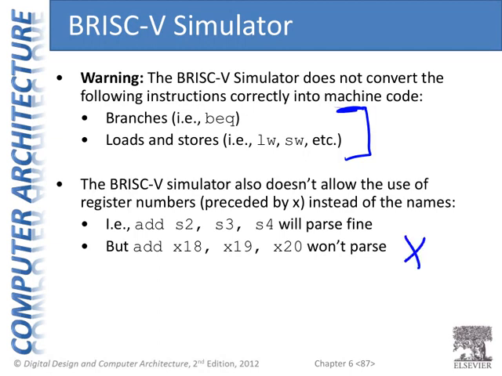So X18, X19, X20, it doesn't allow you to do that, but you can just put in the register names. So clearly this is a glitch in the simulator, and this is just some idiosyncrasy of the simulator itself. Many compilers would allow you to use just the register numbers as well.